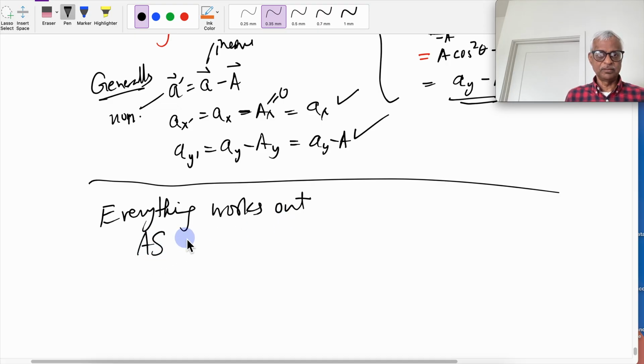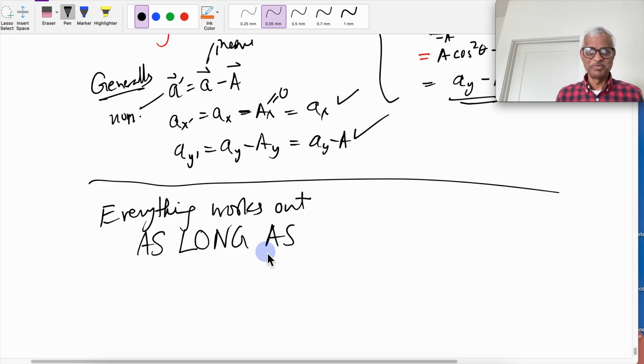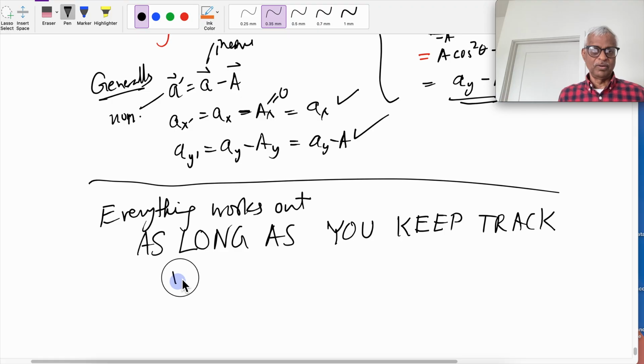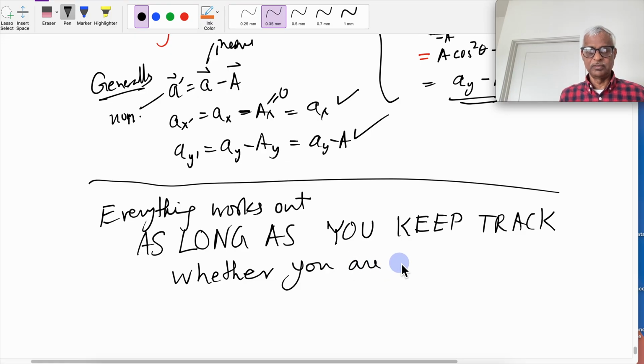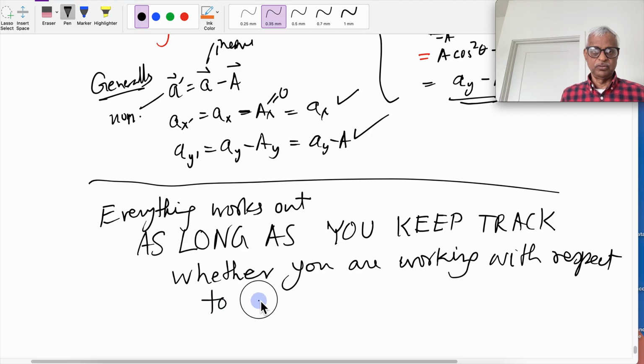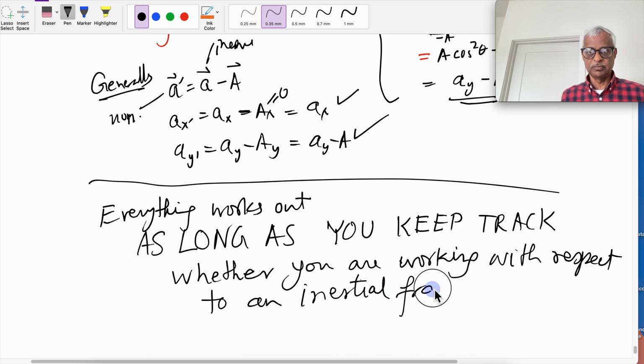Now it's kind of shouting big capital letter, as long as you keep track of whether you are working with respect to an inertial frame or a non-inertial frame.